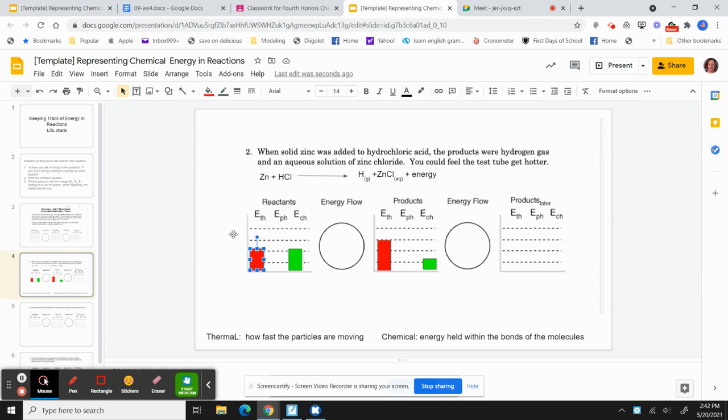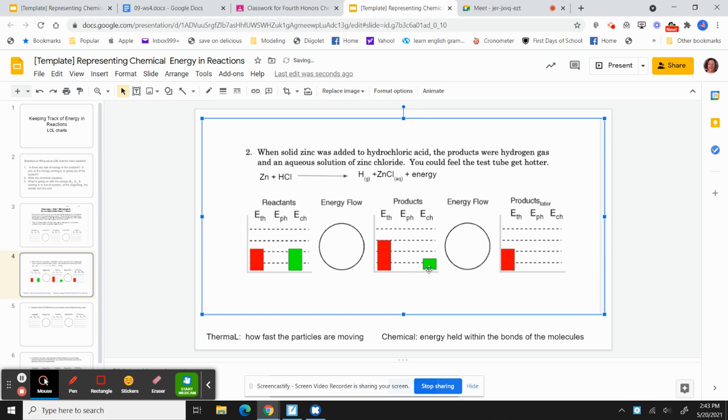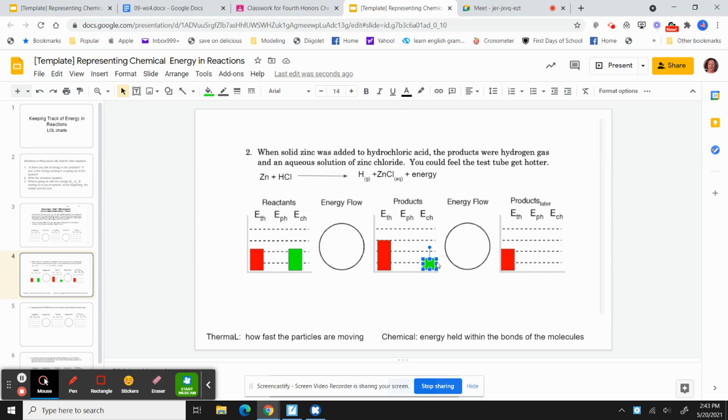So the thing that we've got to remember is that the thermal energy will go back to the same energy it was at the beginning of the reaction. It will eventually go right back to the same amount of thermal energy that it had at the beginning. And the chemical energy, once you have one reaction, there's not going to be another change in the amount of energy that exists.